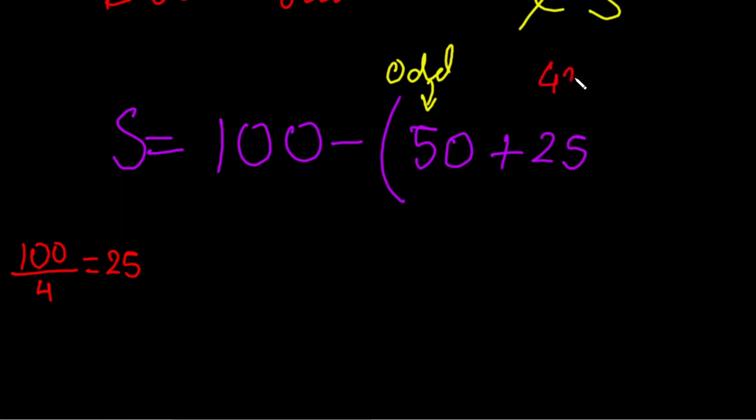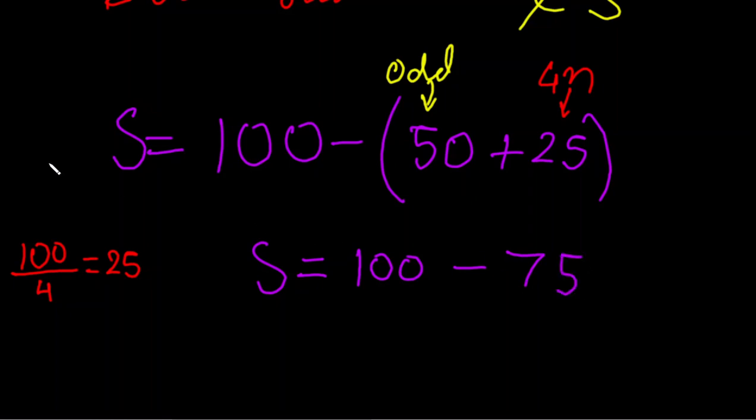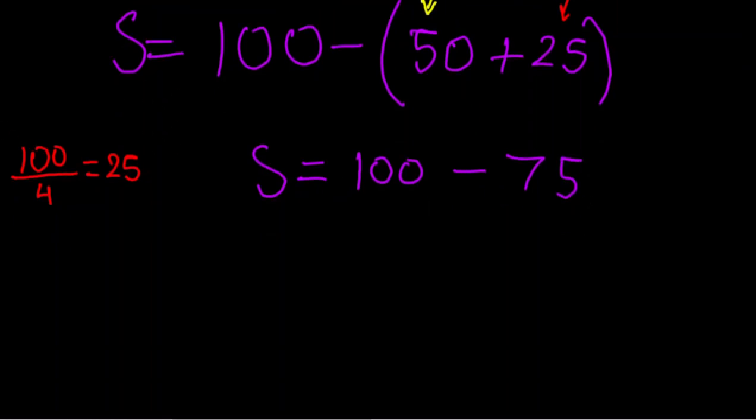And why am I removing this? Because it's a multiple of 4. So finally our solution set will turn out to be s is equal to 100 minus 50 minus 25, that's 25. So finally s is equal to 25.